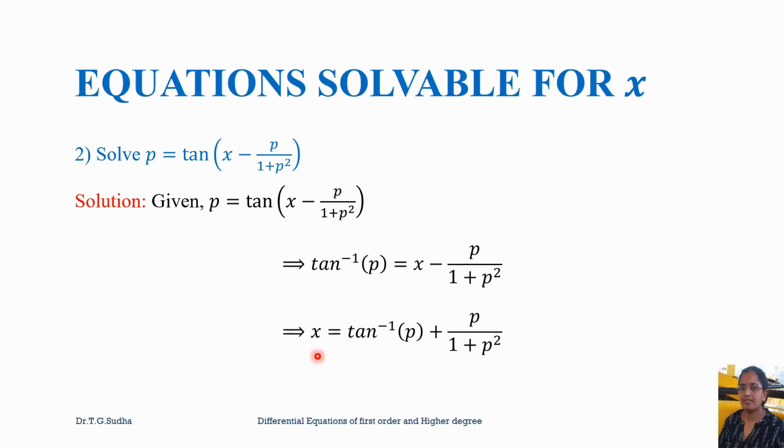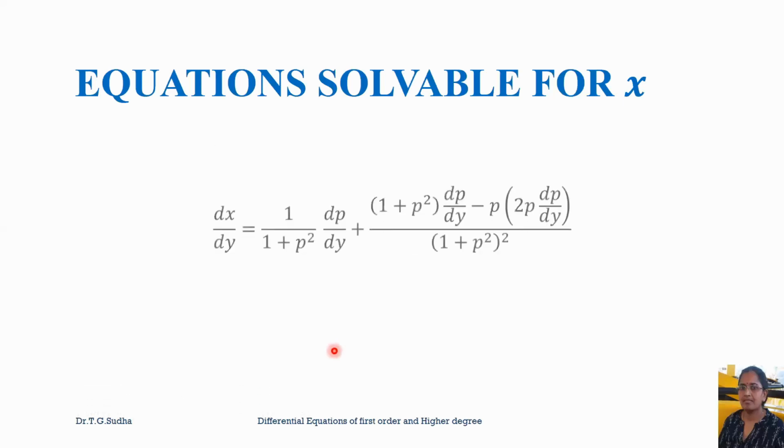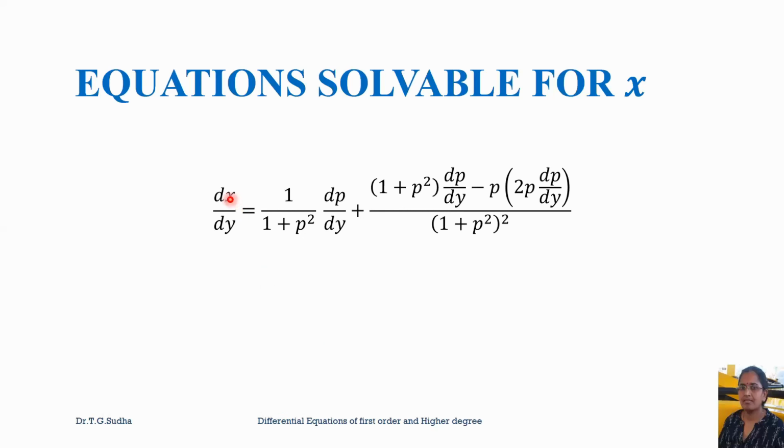Now we need to differentiate this expression with respect to y. So we know how to differentiate tan inverse p as well as p by 1 plus p square. Here we are going to apply the quotient rule. So on differentiating with respect to y, on the left hand side we get dx by dy.